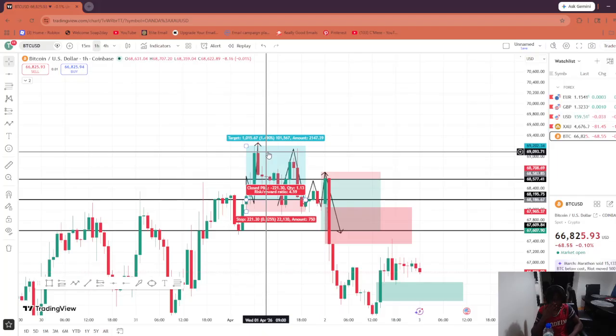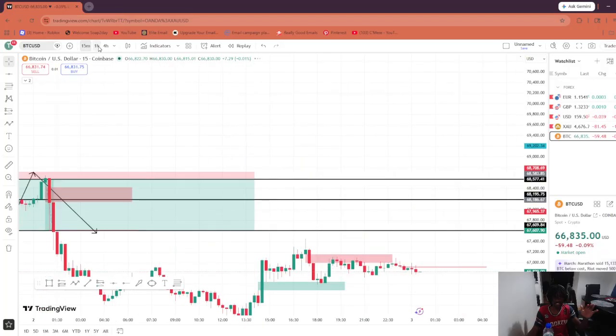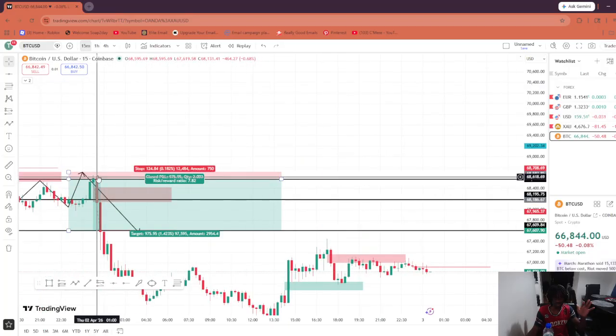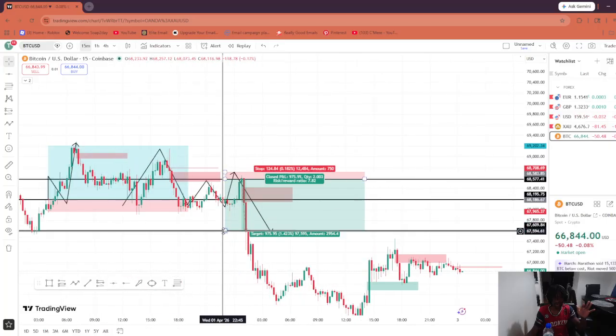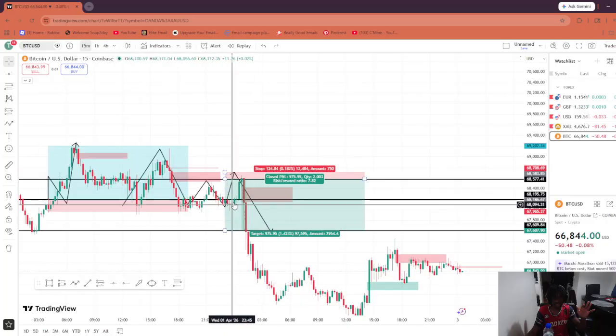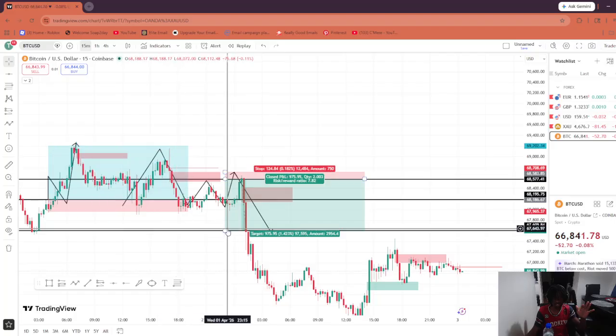That's why I trade in the higher time frame: I mark out in the 4 hour, and I trade in the 1 hour to 15 minutes. 15 minutes will give you a good base on where you should enter. Look at this, and then look at this, you're making serious bank.